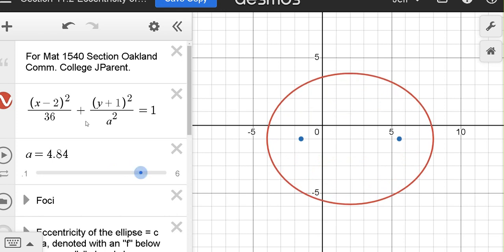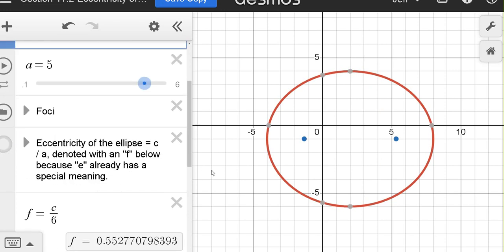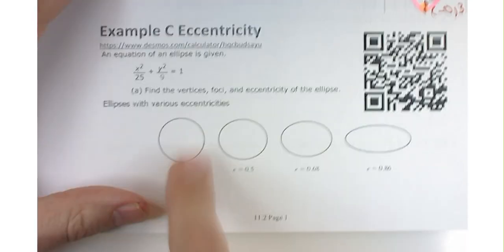But the ratio between these two denominators, say 6 squared and this is 5 squared, that ratio of the smaller one to the larger one is called the eccentricity.